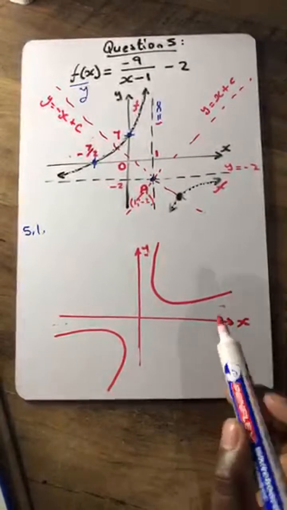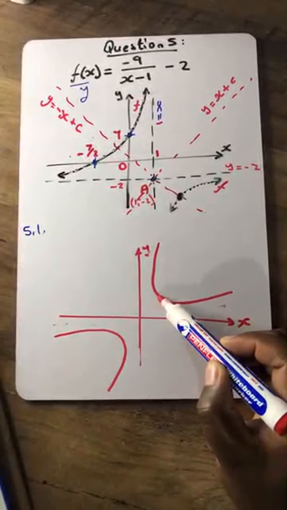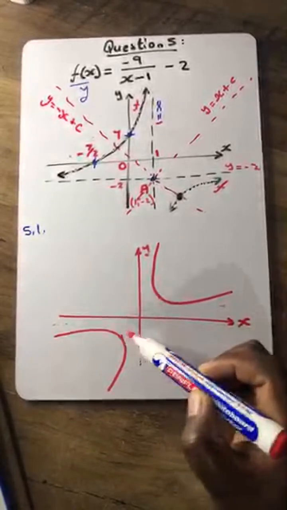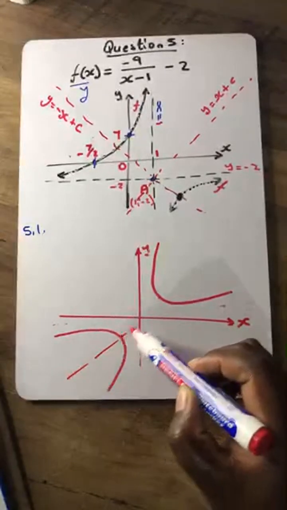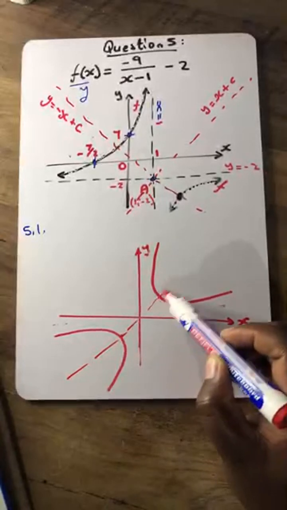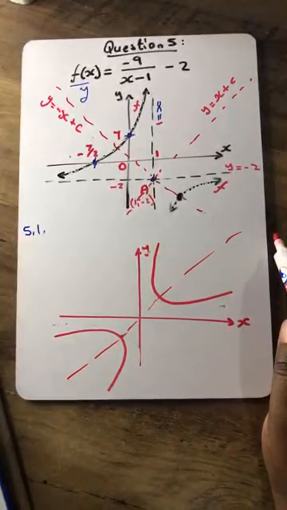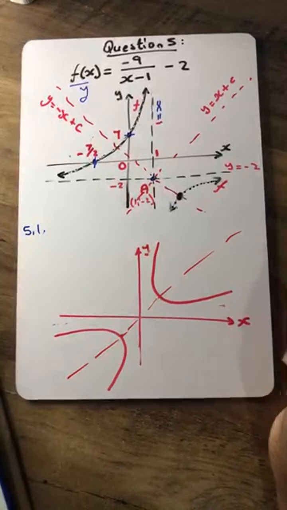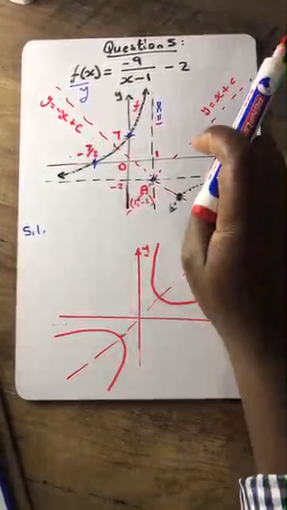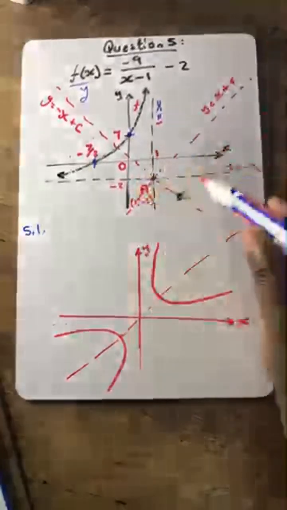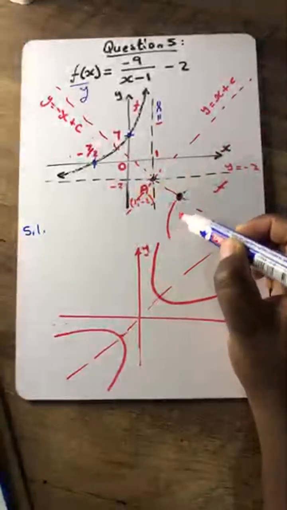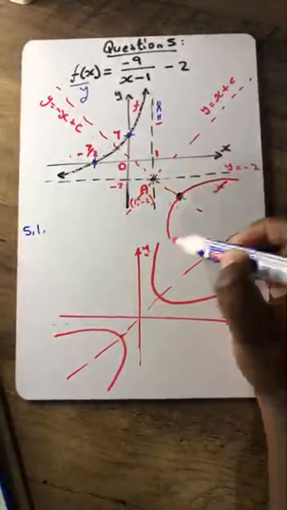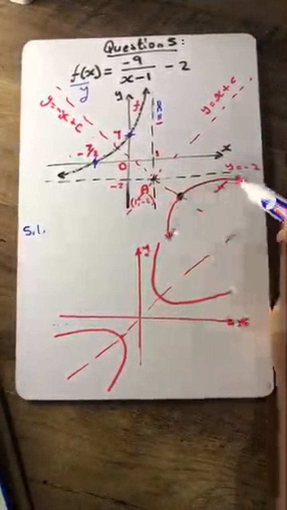An axis of symmetry cuts right at the turning point of that type of a shape of a hyperbola. So that means also in this case, that hyperbola is also something of that nature.